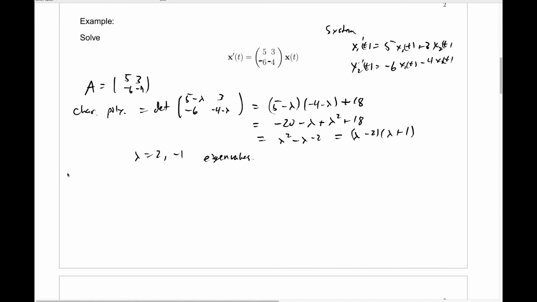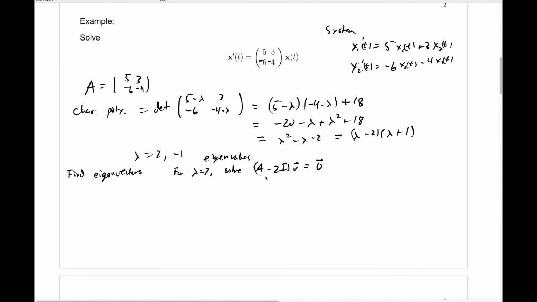We then need to find the eigenvectors. To find the eigenvectors, for example, corresponding to lambda equals 2, we want to solve the equation A minus 2 times the identity, I should use a different letter here, times v equals 0.